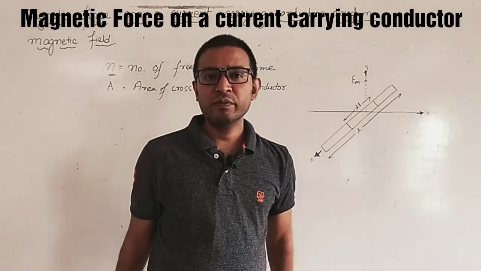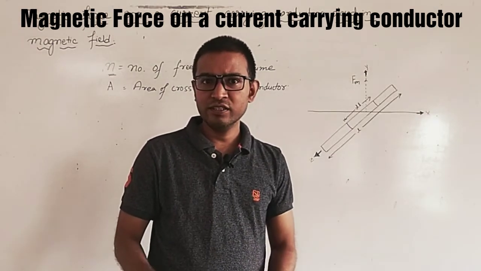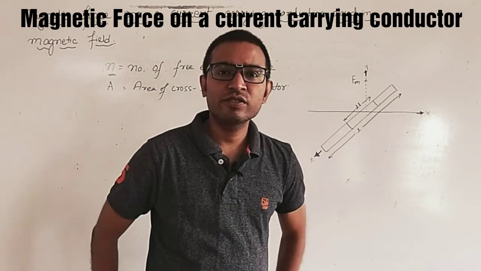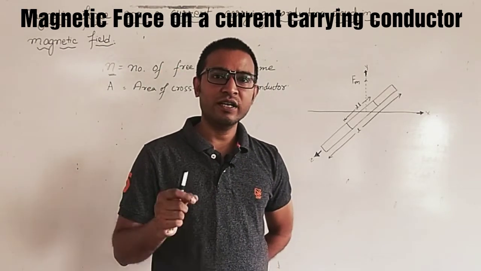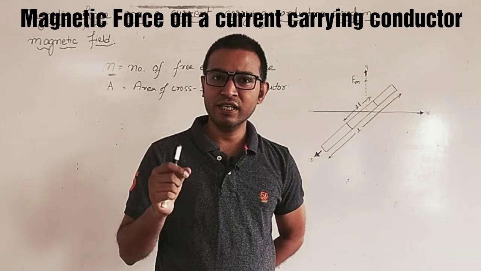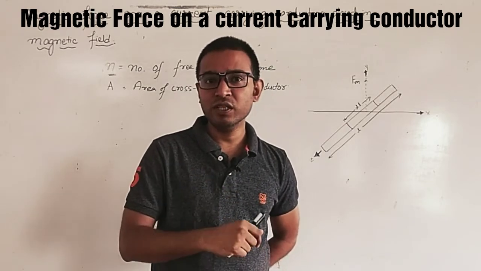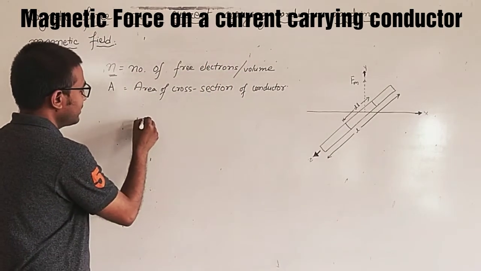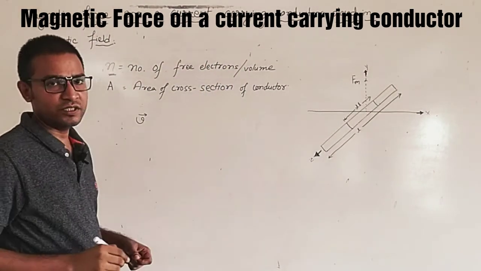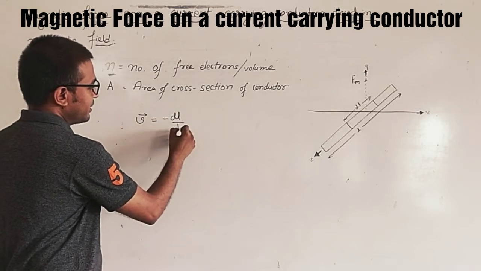Do you remember the expression for the drift velocity? I think you know. The definition of drift velocity is that it is the average velocity of the free electrons under the action of an electric field in the conductor, but in the opposite direction of the electric field. So here, let us suppose the drift velocity is v, and this v must be equal to minus dl by dt.